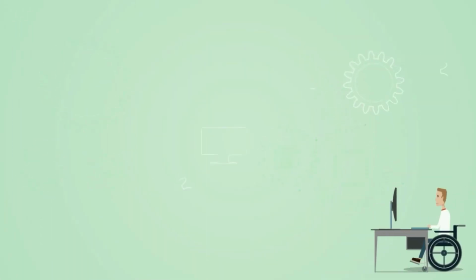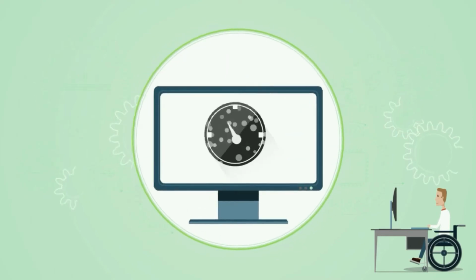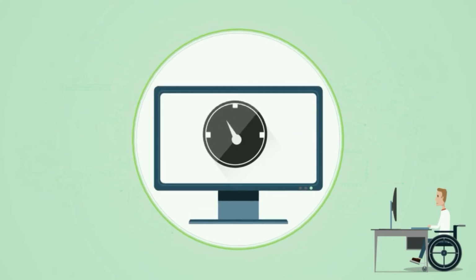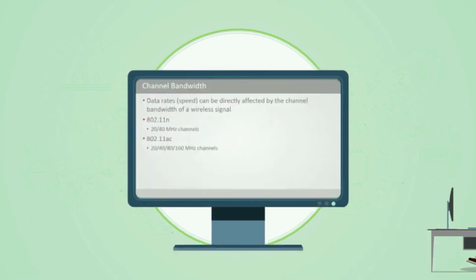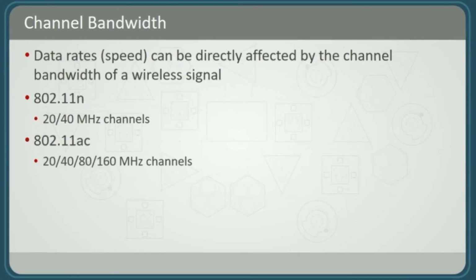In this presentation, we'll take a closer look at channel bandwidth, and this is something I referred to earlier when I mentioned how channels more or less equate to lanes on a highway, and the more lanes you have, the more traffic you can handle. So in terms of data rates, your speed can be directly affected by the channel bandwidth of a wireless signal.